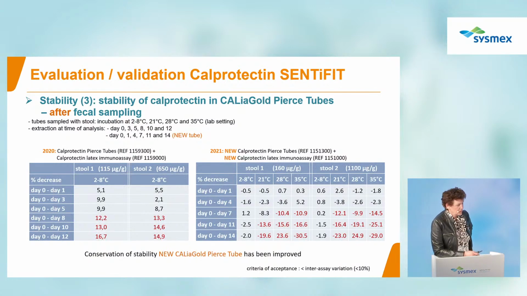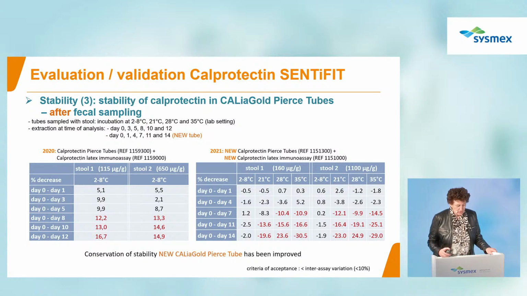So in our situation, we do not change the protocol after sampling. We keep the tubes in the fridge. But when a patient sends the tube back to the laboratory within 2 days, and it was at room temperature, we say we can accept the tube, and the patient does not have to recollect a sample tube.